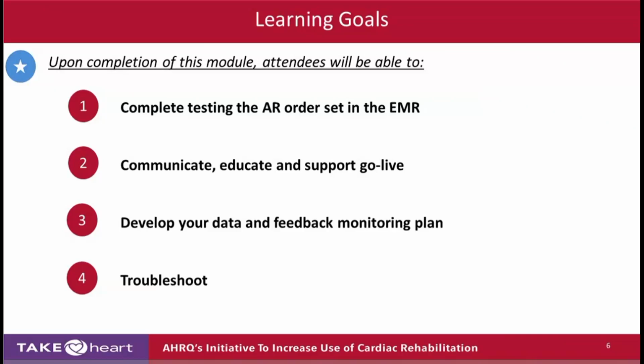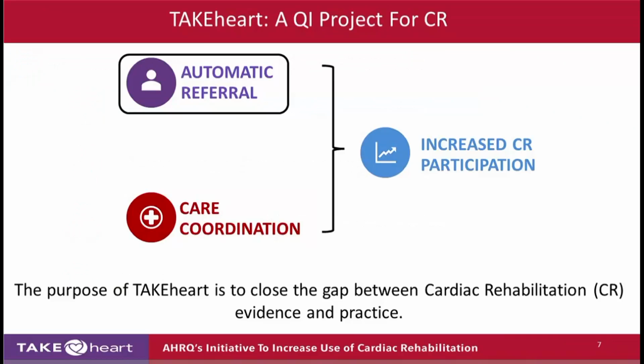So just as a reminder about Take Heart, it's a process that involves both automatic referral and care coordination, because the evidence is very clear that when you combine an automatic referral system and enhanced care coordination, that leads to increased cardiac rehab participation and ultimately to better outcomes for all of those patients that participate.